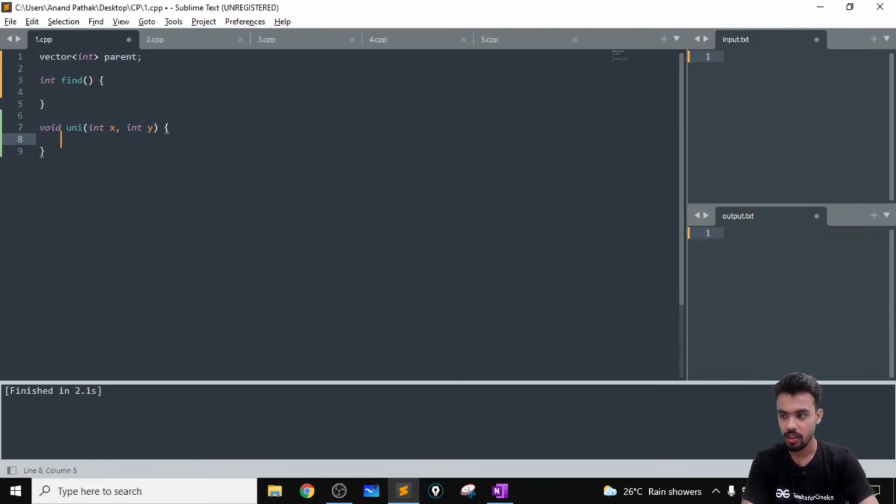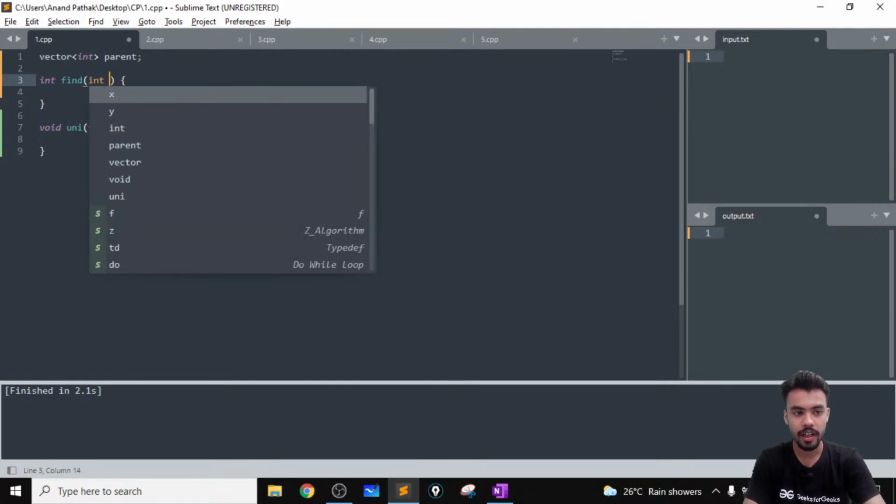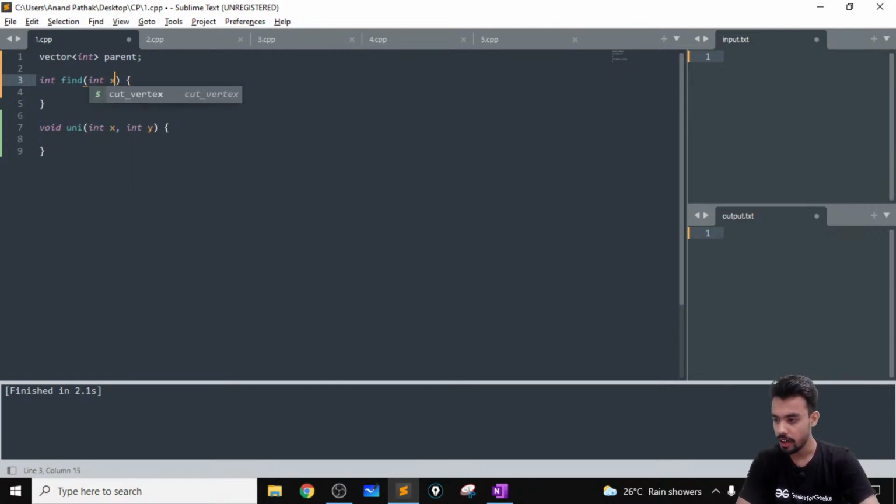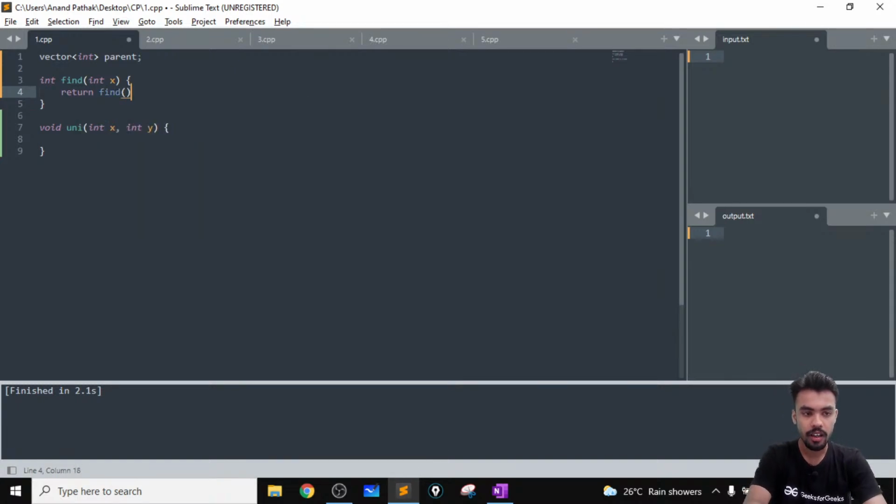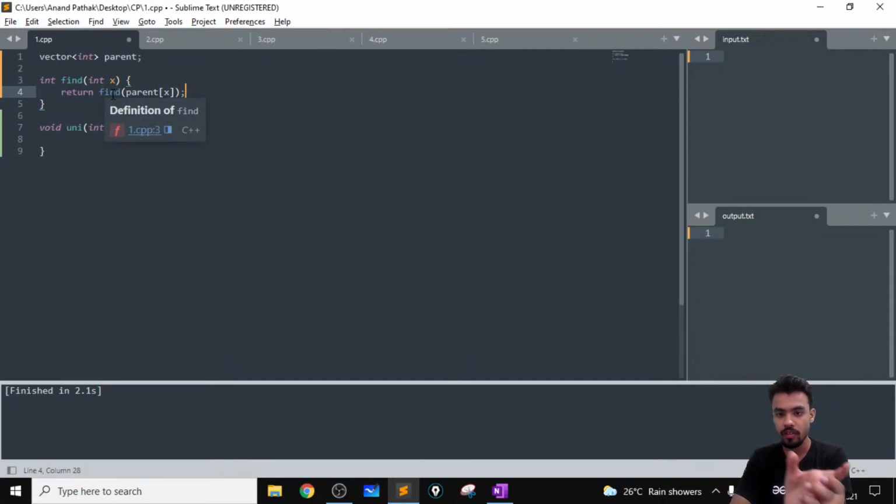We'll be implementing the driver function later on, but here we are just implementing these two functions. Now in the arguments we'll be getting int x, and we have to find the parent of x. We have to do it recursively. First we will be finding the parent of x, and then we will be finding the parent of that particular parent.